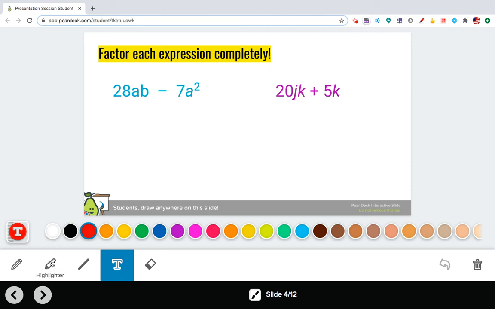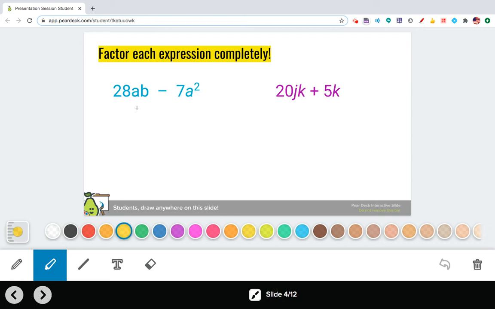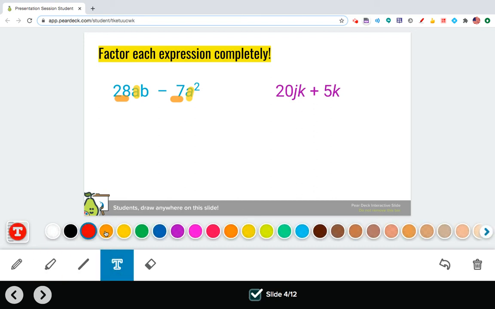So what I would do first is I would look at the two terms, and I'm going to highlight the terms that are common to both. So there's an a that's common to both. And then there's also a factor of 7 that's common to both. So if I said, what factor is common to both terms, there would be a 7 and an a that's common to both terms.